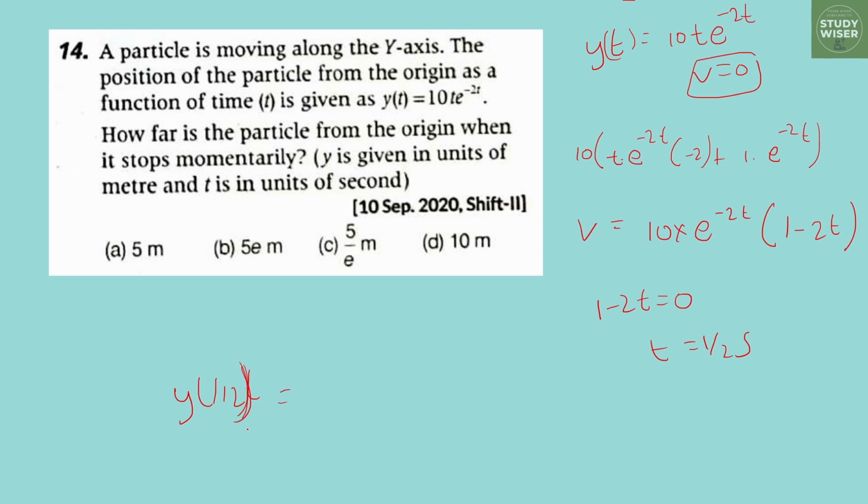Okay, 10 into 1 by 2 into ఇది ఈక్వేషన్ 1 అనుకుంటే ఈ ఈక్వేషన్ 1లో t సబ్స్టిట్యూట్ చేస్తే 10 into e power minus 2t, t 1 by 2 అంటే 5 by e. Option C is the correct answer.